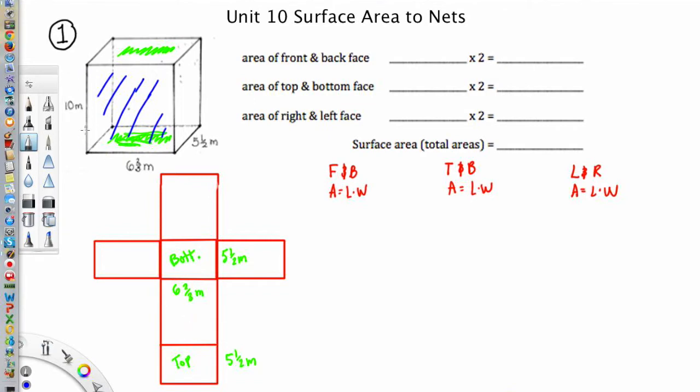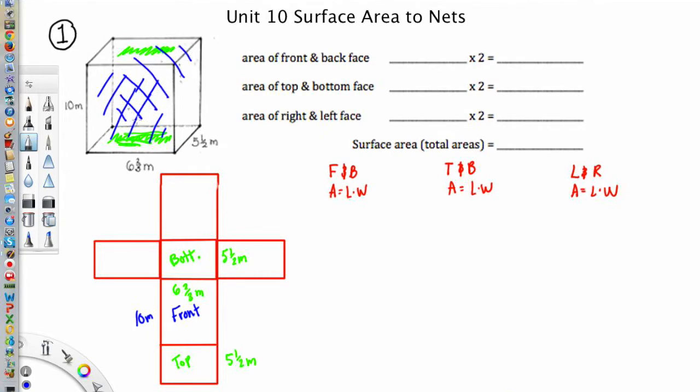Well, the length would be this edge right here, which is 10 meters. So this is our front panel, 6 2/3 meters wide and 10 meters long.